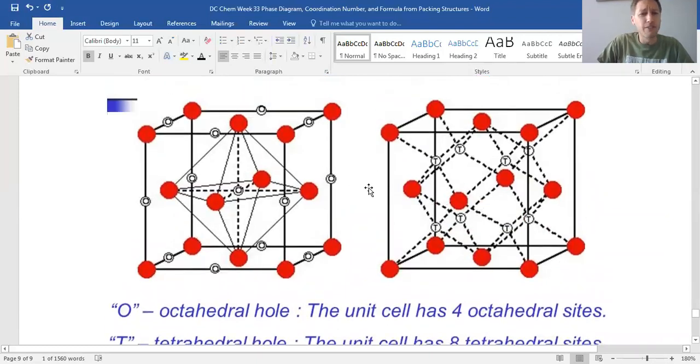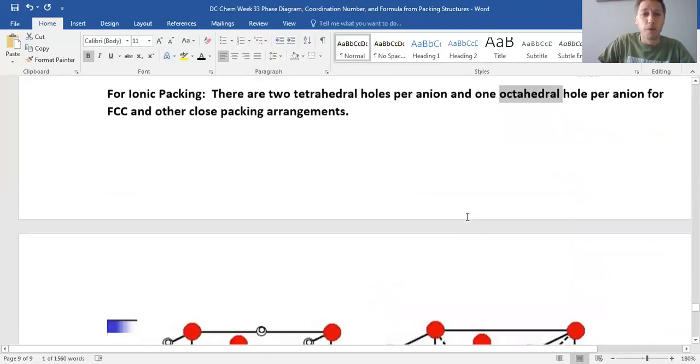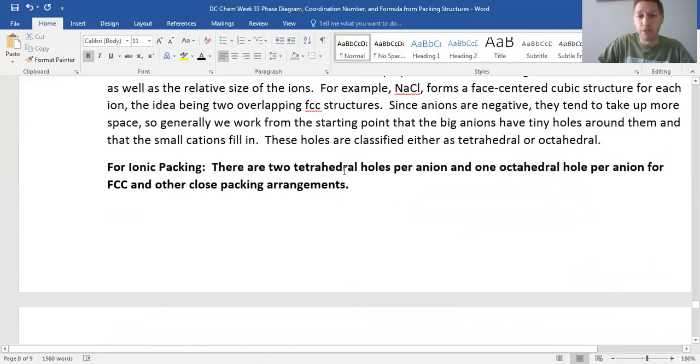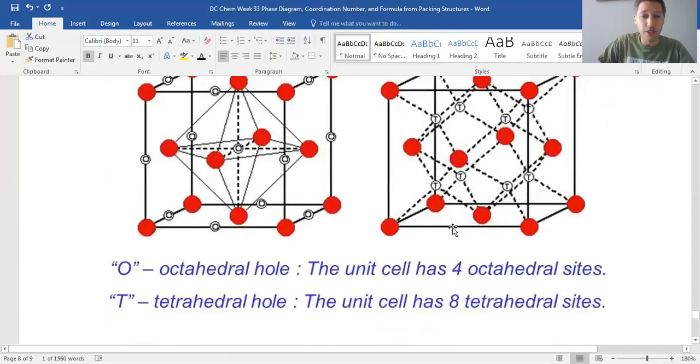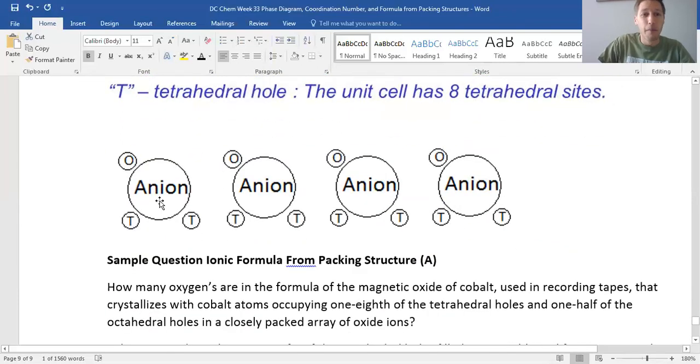You don't have to know how they're classified in this class. You just have to know that per anion, there are 2 tetrahedral holes and 1 octahedral hole. This is definitely not how it actually packs, and it's not how it looks, but as far as working things out, it works just fine.